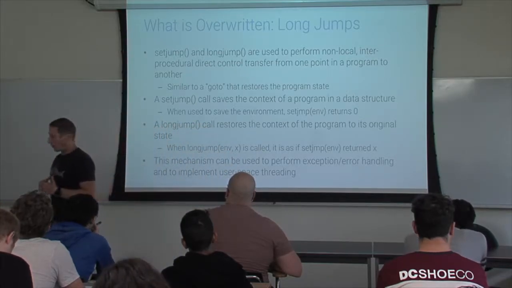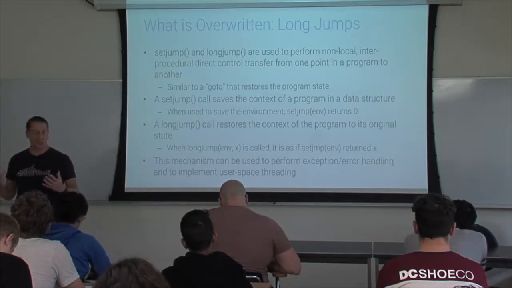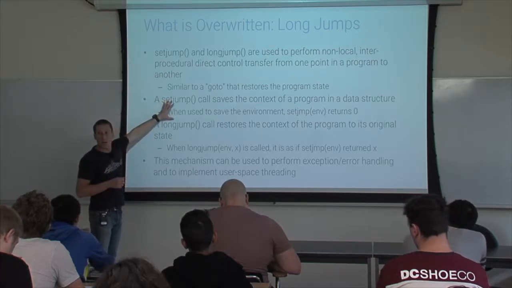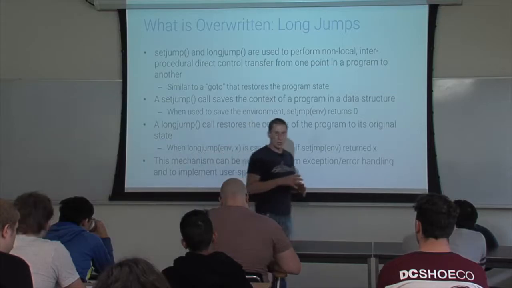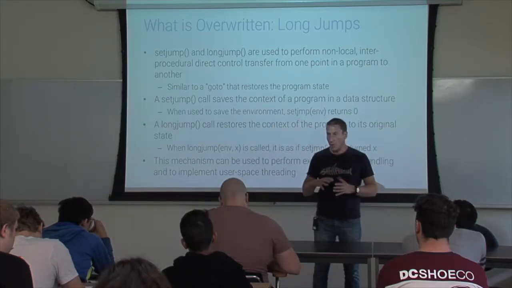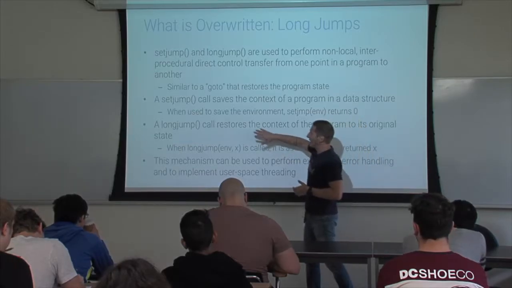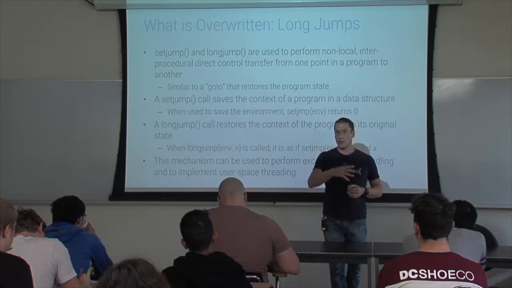You can use it, for example, to handle specific error conditions. The basic idea is that setjmp allows you to save in a data structure the content of the CPU, fundamentally. And a longjmp call restores that context.